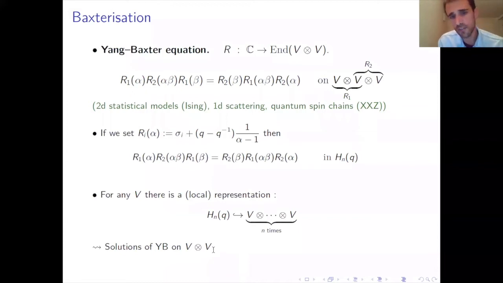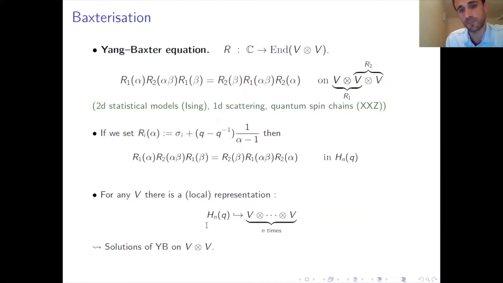And what's quite nice also regarding this Baxterisation process is that this simple formula actually controls several solutions of the Yang-Baxter equation, because we can take any vector space V and build a solution on V times V coming from this simple formula.